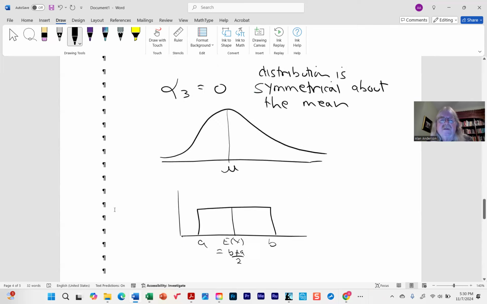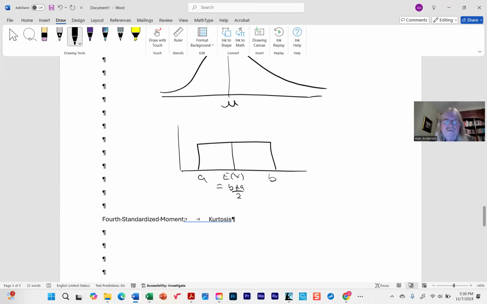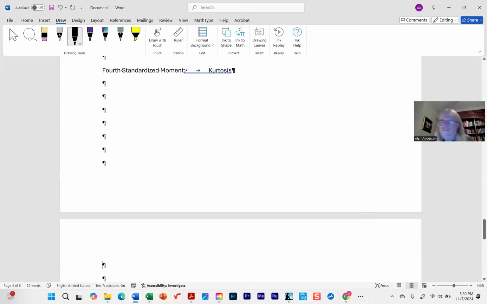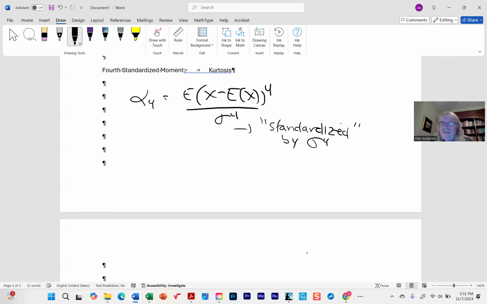So the fourth central moment, and you can see, here it is. We'll just use alpha 4. You can see the resemblance right away, except that in the denominator, it's sigma to the 4th. So it's standardized by sigma to the 4th.